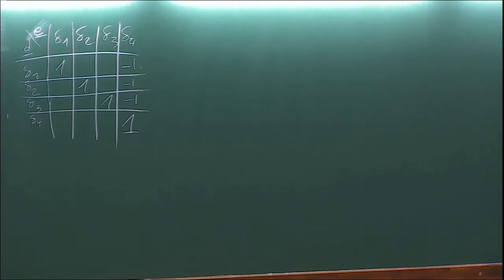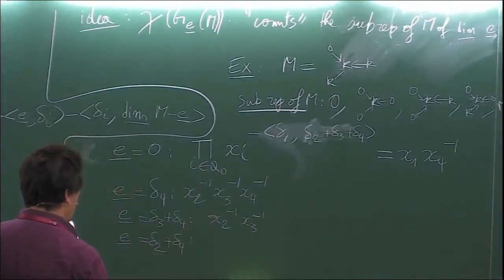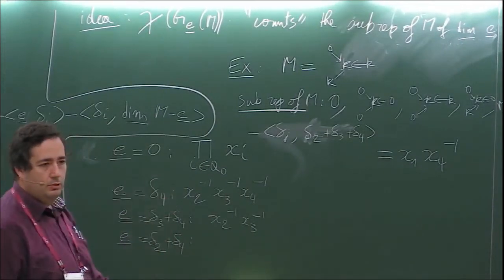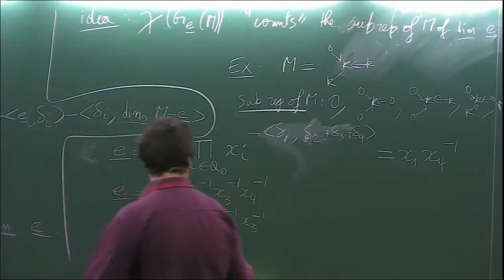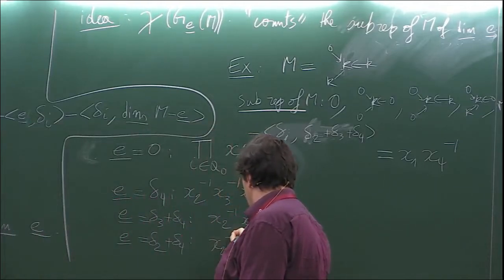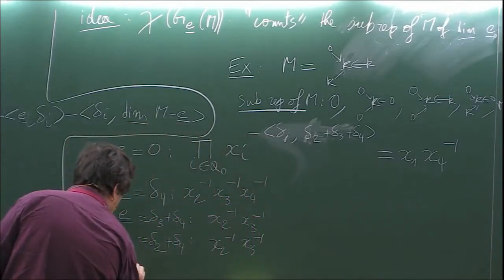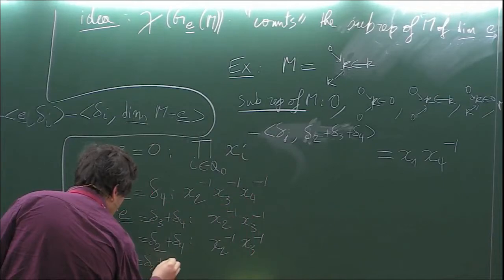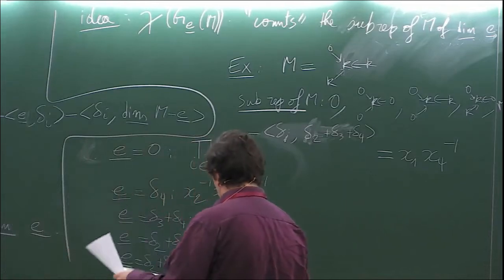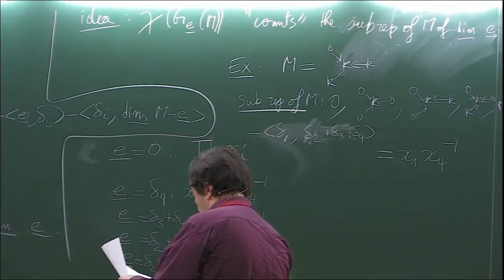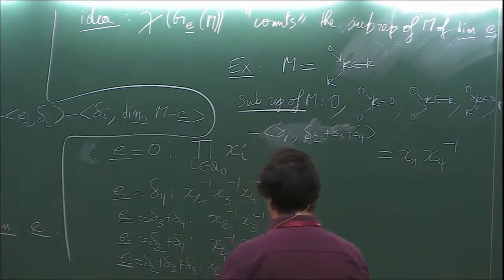Then E equal delta 2 plus delta 4. And right, what do I do when I go from here to here? I just exchange the roles of 2 and 3, and as everything else is symmetric with respect to 2 and 3, I just exchange these two things. So actually, I obtain the same thing once again. And then the last one is E equal delta 2 plus delta 3 plus delta 4. And I obtain x2 minus 1, x3 minus 1, x4. So I have these 5 terms.